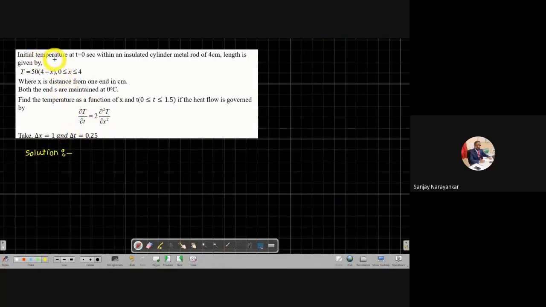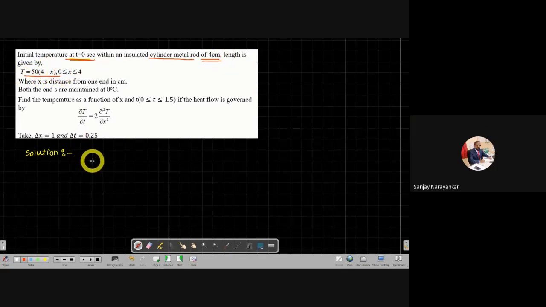So let us read this question carefully and tell me what's available in this problem statement and how to proceed. It's very important, students. If you understood what the problem is, 50% of the work is done. Initial temperature at t is equal to 0 within an insulated cylinder of 4 centimeter length is given by this equation.